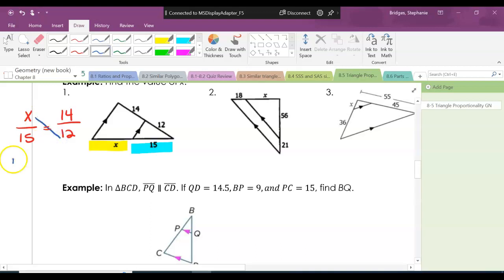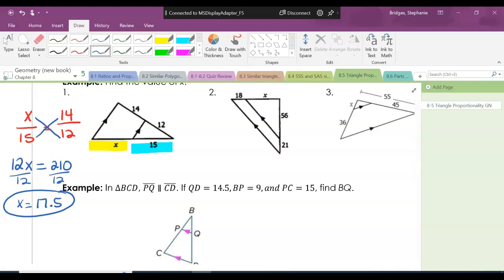I usually tend to do the variable. 12 times x is 12x. Then it is going to be equal to 15 times 14, which is how much? 210. And then what do I do to solve for x? Do I have a 12? How much? Very good. Did we all get 17.5?